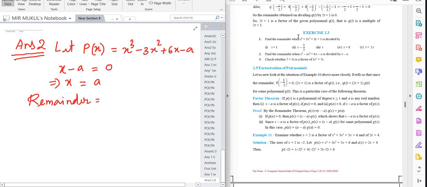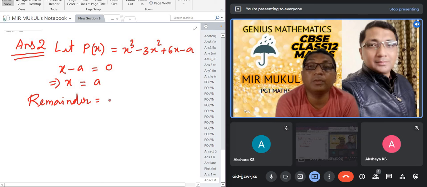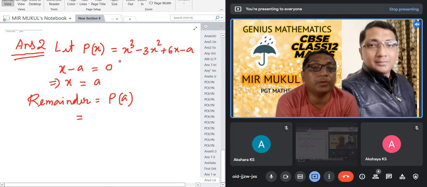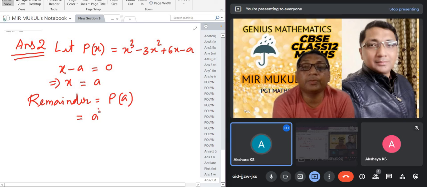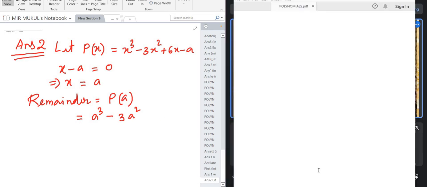Remainder equals, Aksara, according to the remainder theorem, the remainder will be what? p(a). So in place of x, you will put a. So a cube minus 3a square. Right? Correctly I have written?